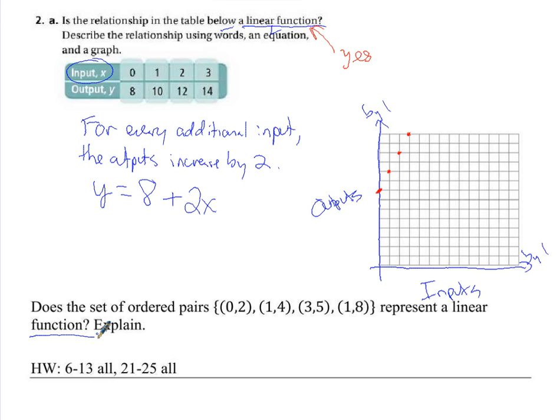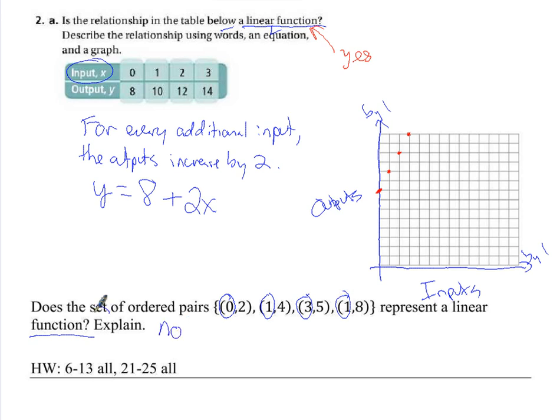So if it's not a function, then it doesn't matter anymore. It's not even a linear function. Is this a function at all? How do I know if something's a function or not? No repeated x values. So for my x coordinates, I have a 0, I have a 1, I have a 3, and then I have another 1. So this isn't even a function. So the answer is no.